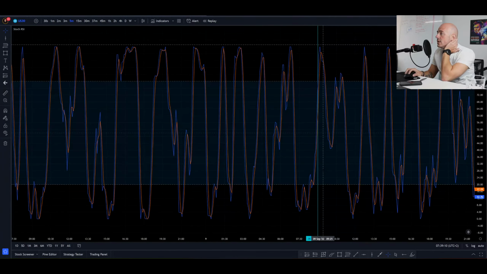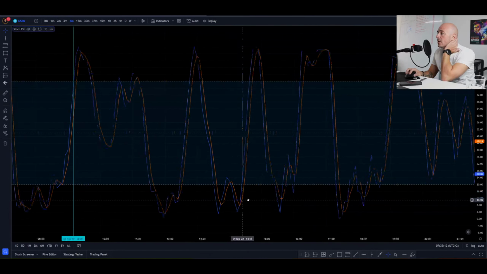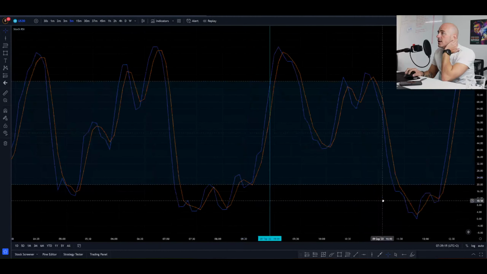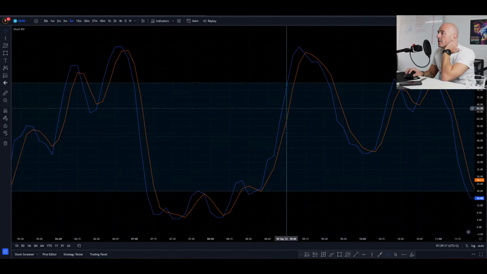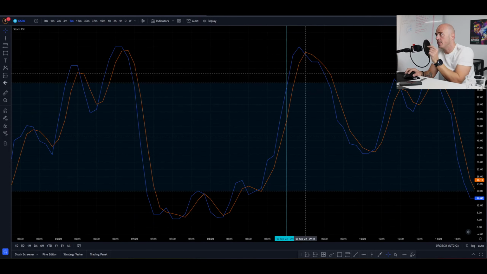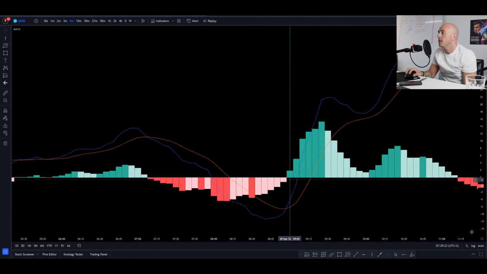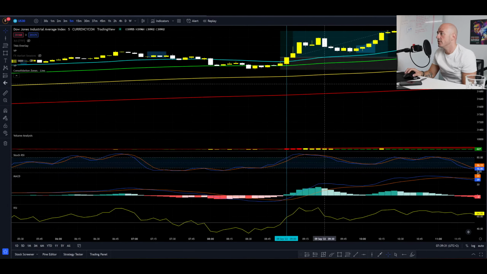Then you look at your stochastic RSI, and you see we are moving up, and they've crossed up. Then you look at your MACD and see that we are showing bullish momentum. We've crossed over and are going up.